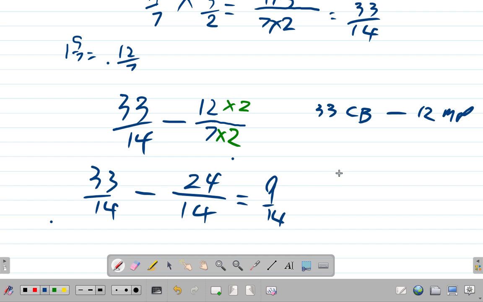It's like you convert the mixed parts to chicken back, and you say 33 pounds of chicken back minus 24 pounds of chicken back gives you 9 pounds of chicken back. No confusion about that. So you understand the principle behind this thing, alright, people.